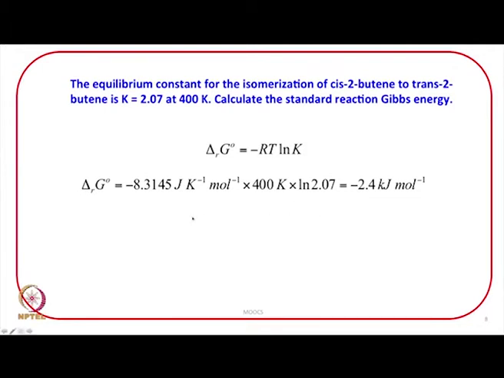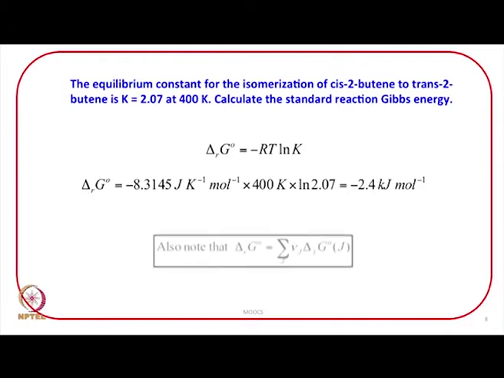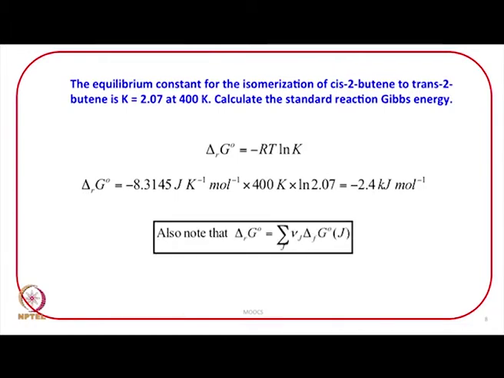This example demonstrates how to calculate the value of standard reaction Gibbs free energy change for a reaction from the knowledge of the value of equilibrium constant. Also, please note that we have earlier discussed that it is possible to get standard reaction Gibbs energy of a reaction from the knowledge of the Gibbs energy of formation of the product and Gibbs energy of formation of the reactant.